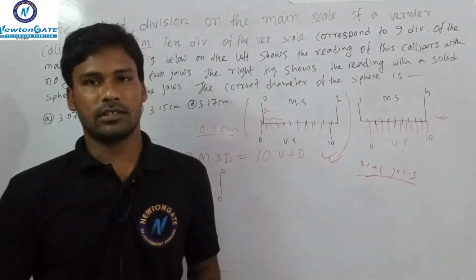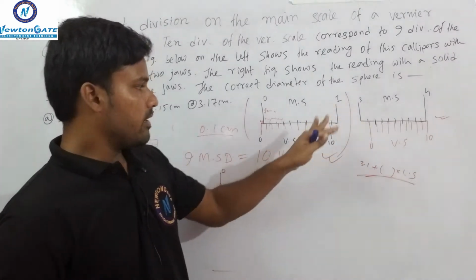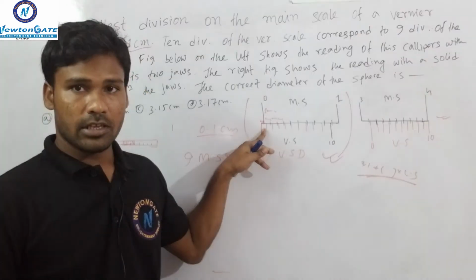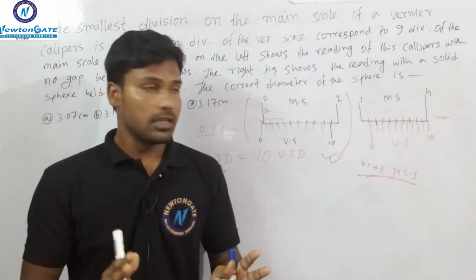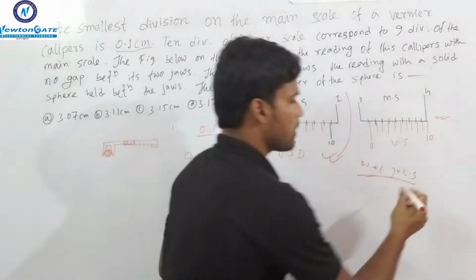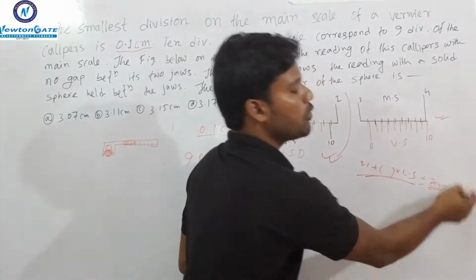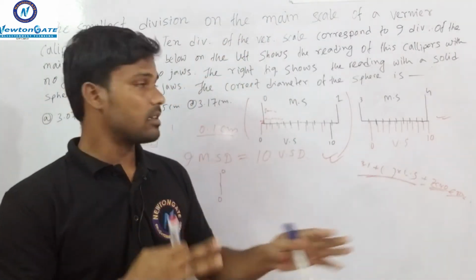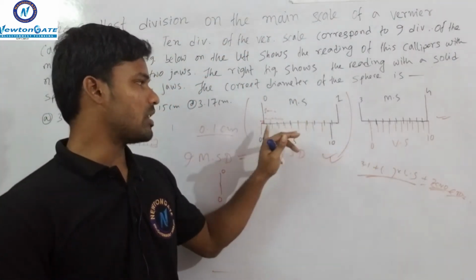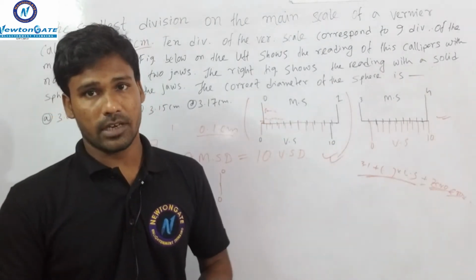This is our answer. But here zero error is present. You have to find the zero error first, because you have to add or subtract it. You just have to know whether it is a positive zero error or a negative zero error.